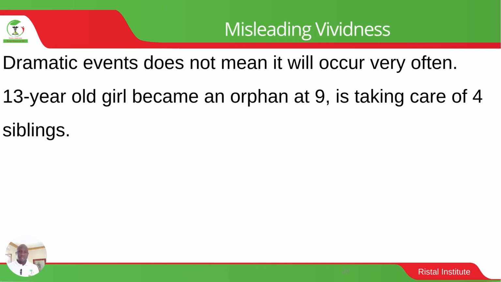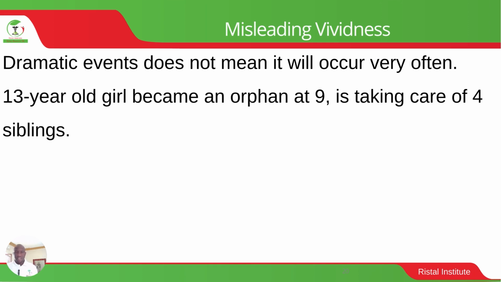Misleading vividness. Sometimes what you see in the news is a portrayal of particular events. They could be isolated events that are portrayed in a dramatic manner, and therefore, when someone looks at it, that person may reflect it on the whole population. So, for example, if you have a 13-year-old girl who became an orphan at the age of 9 and is taking care of her four siblings, that is not a pretty good situation, meaning that a 13-year-old is the head of a family and she has to go to school and things like that.